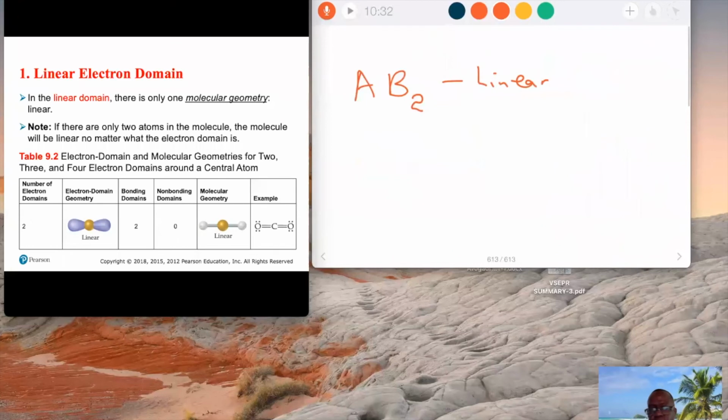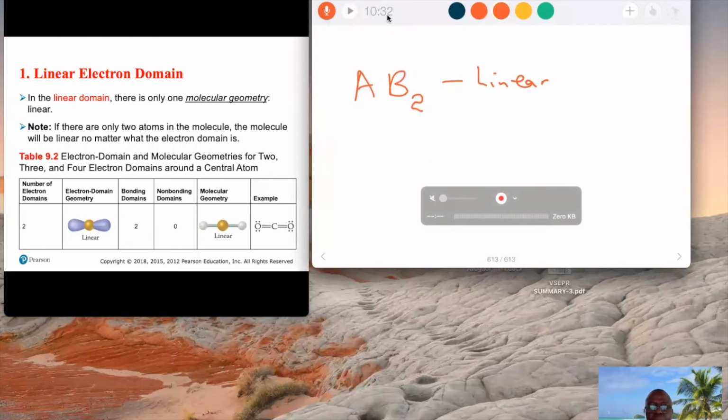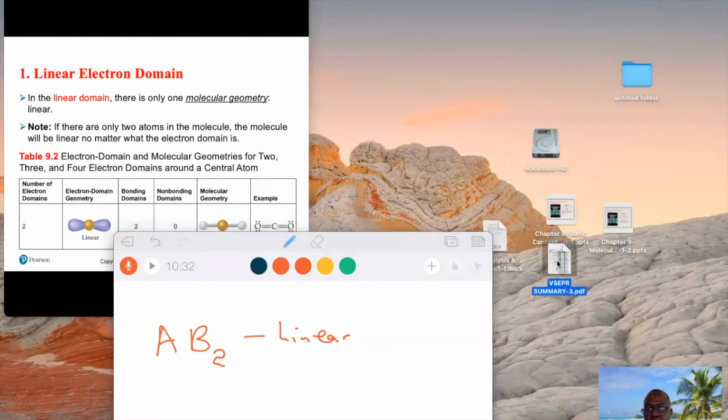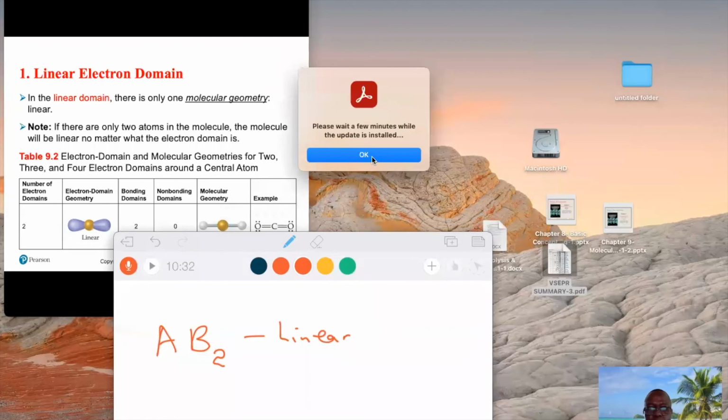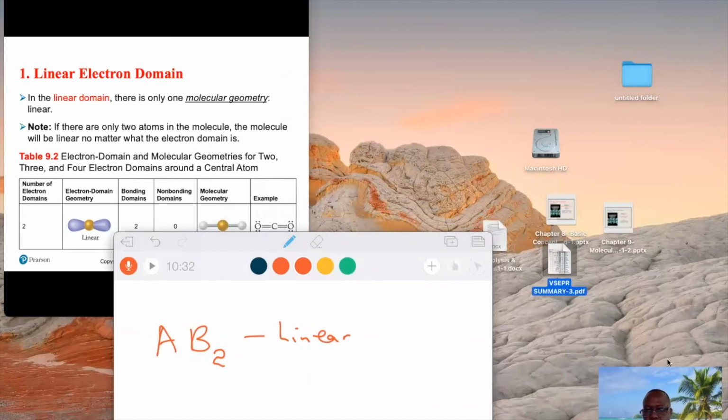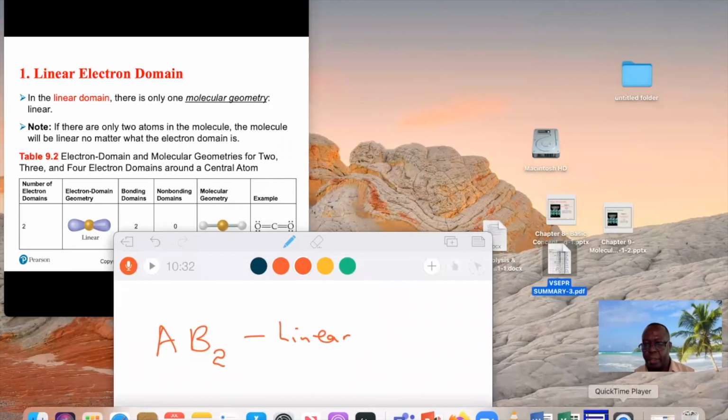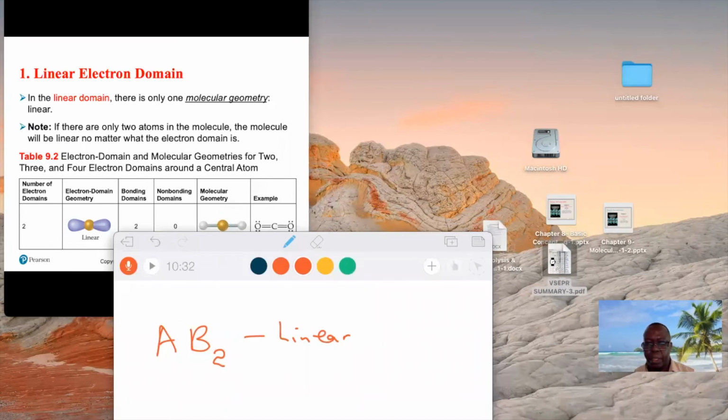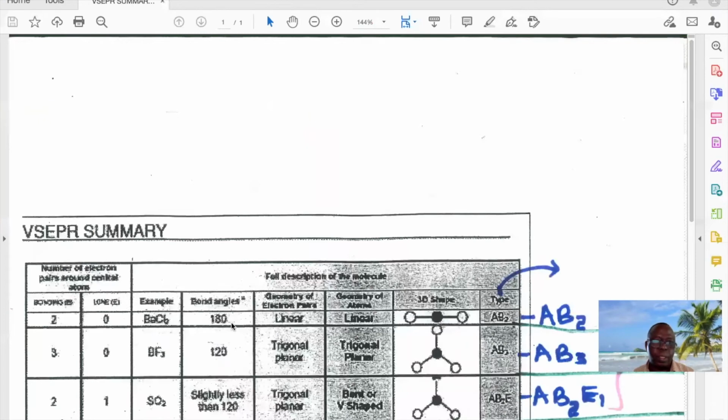And there is a table here. Look on the screen. I'll blow this up. It is available online, on Canvas. Please check this. This is the summary of valence shell electron pair repulsion models.